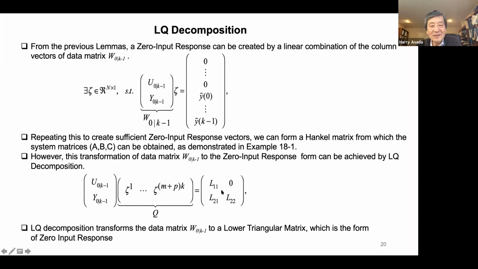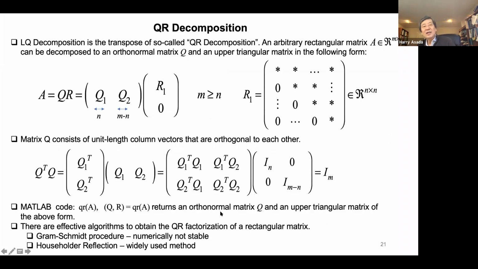So from which, by taking the singular value decomposition of this L22 component, which represents the kind of impulse response part, we can actually find the ABCD. So this particular operation can be done very effectively by using the LQ decomposition transforms that are applied to the original data matrix. We can actually get this in just a single shot. So that's the LQ decomposition.